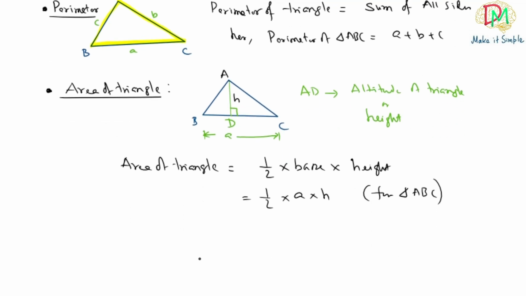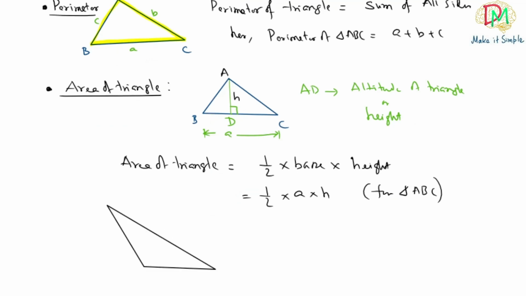It is not necessary that all the times altitude should be inside the triangle area. It could be outside of the triangle. For the obtuse triangle, let's consider ABC. One of this height is outside of this triangle. If the base is a, so area, okay.